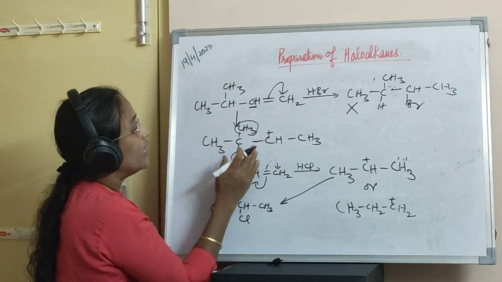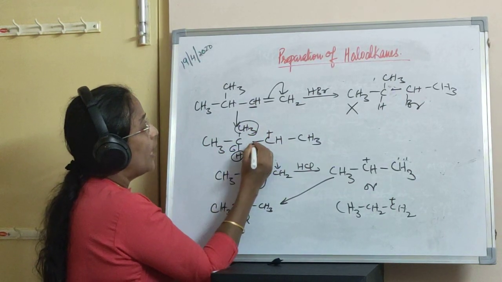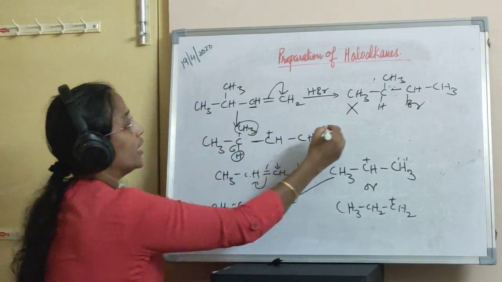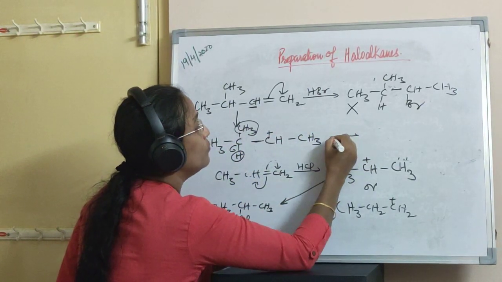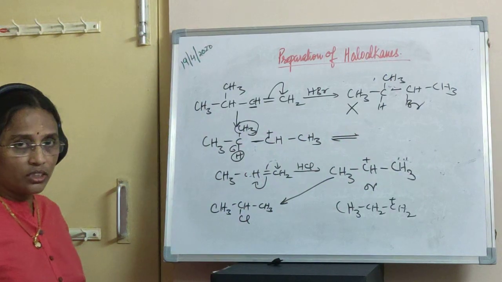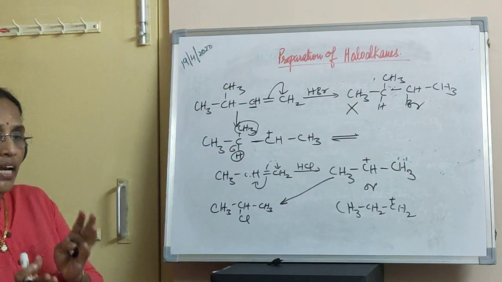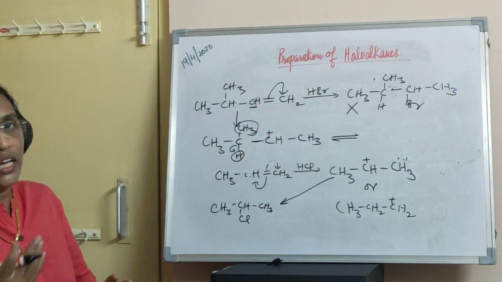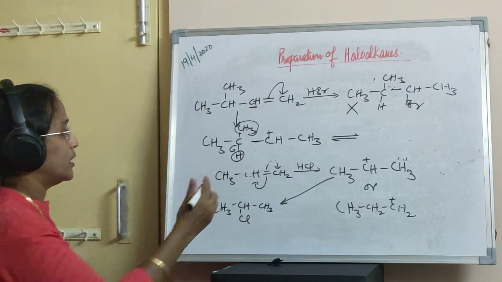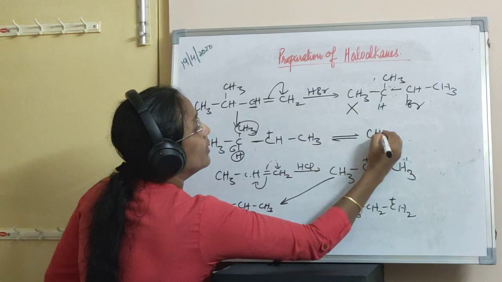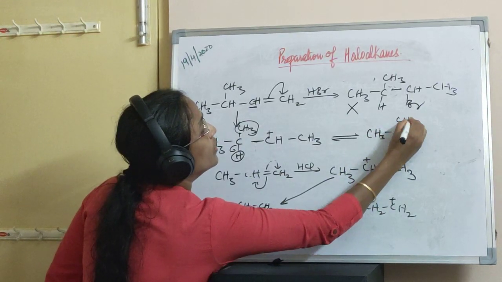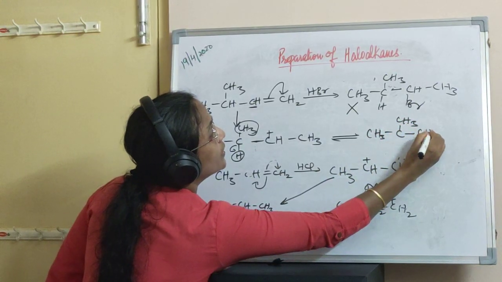So there is a hydride shift and the molecule rearranges by hydride shift. And why does the molecule rearrange? To become more stable. So if there is a scope that an adjacent atom can shift and form a more stable carbocation, then it happens.